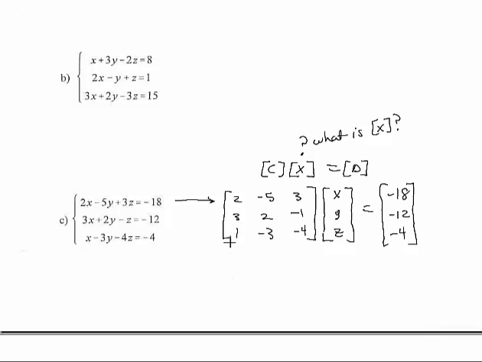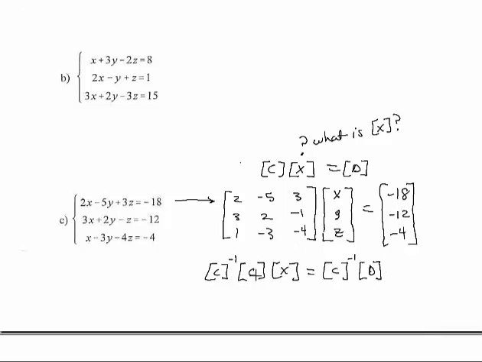Alright, to compute that, we simply put C inverse to the left of C on the left side of our equation, and then we put C inverse on the left side of D, right side of the equation.